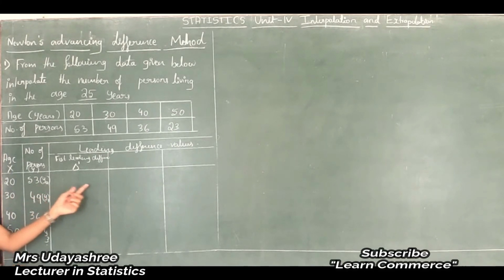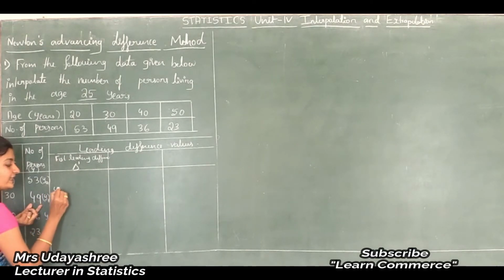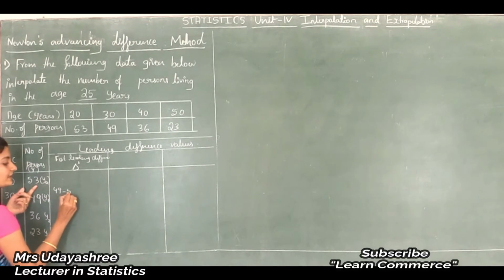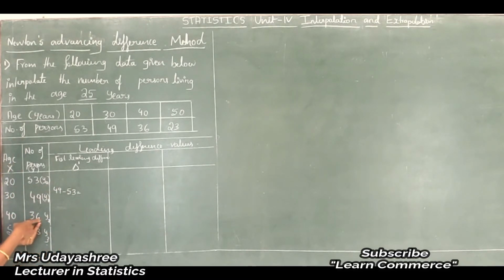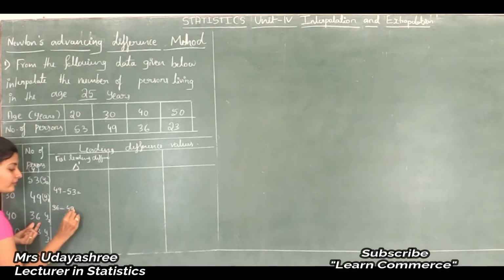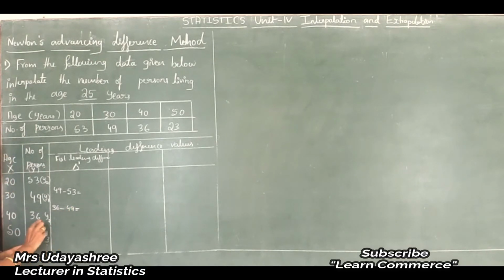Here the y1 value is 49, so in the place of y1 I will substitute 49: 49 minus 53. Next 36 minus 49. Next is 23 minus 36.